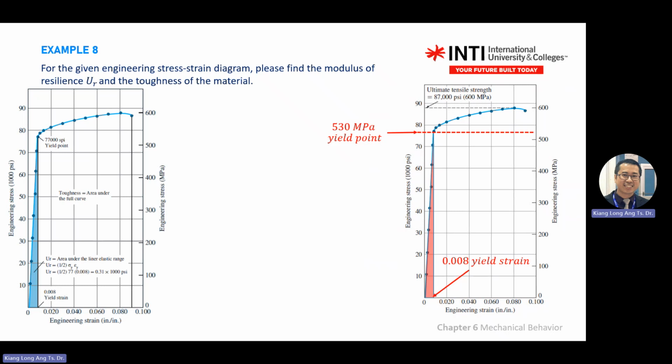From these two points I've already given you, you should use your calculator to find the modulus of resilience. By seeing these two points, you should be able to find it by half base times the height of the triangle.